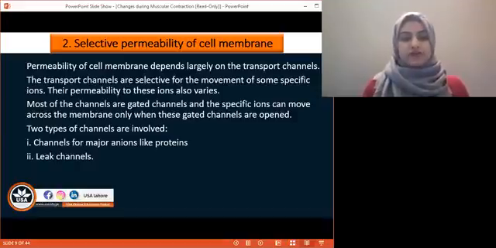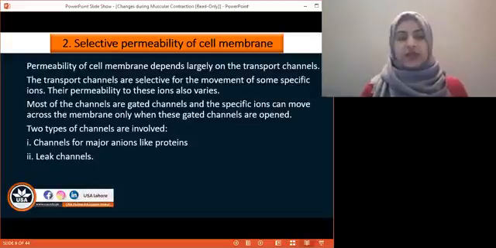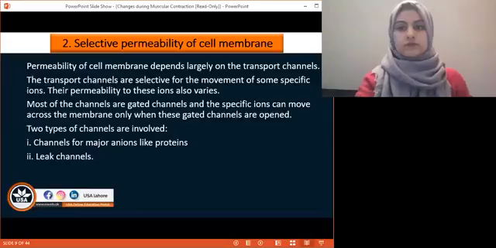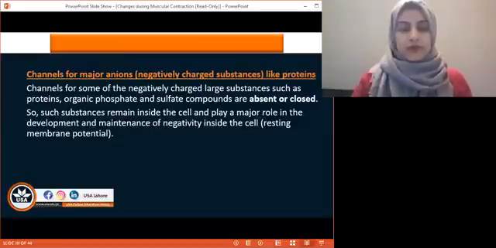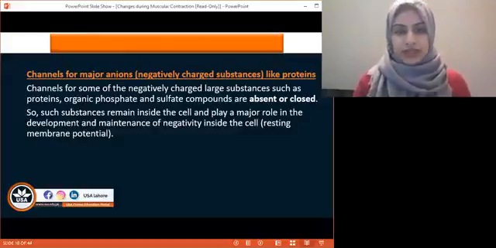So we have two types of channels which are involved: channels for major anions like proteins, and leak channels. Let's discuss these channels individually. First, we have channels which are major channels for anions, for the substances which are negatively charged, like proteins.